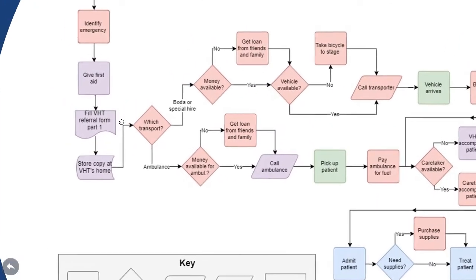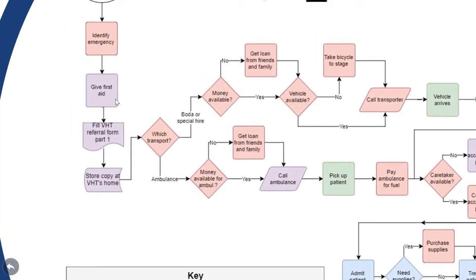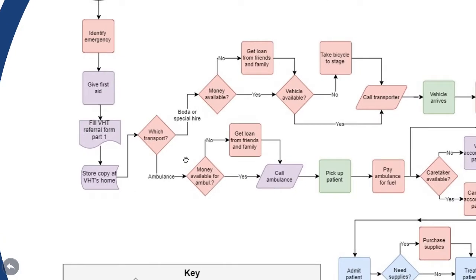So the VHT would first give basic first aid, and this was very rare, but the VHT could fill a basic referral form, identifying the condition and what the recommended treatment was based on the minimal training that the VHT had, and then a carbon copy of that would be stored at the VHT's home.